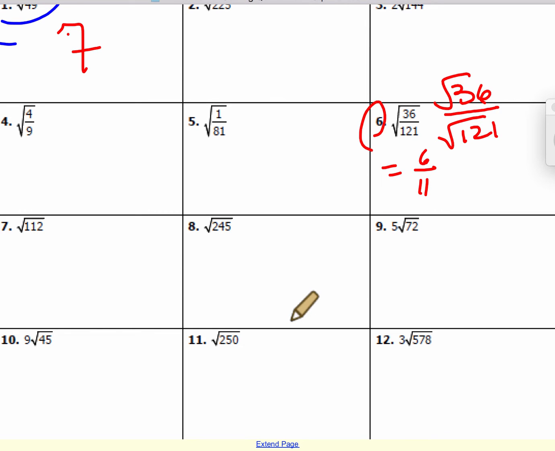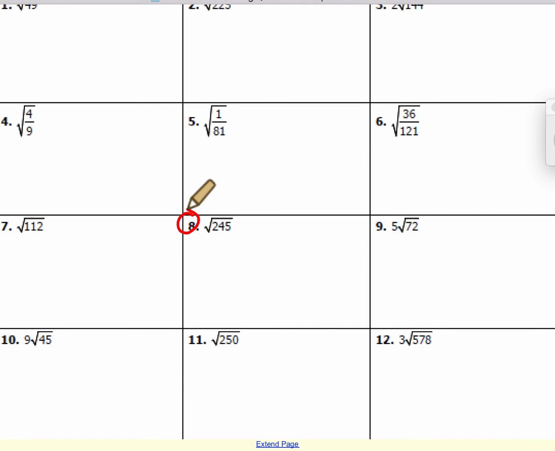Okay, let's look at number 8. 245 is not a perfect square. So what I'm going to do for number 8 is take 245 and break it down. Using my divisibility rules, I know that 5 goes into 245, and 5 goes into it 49 times.